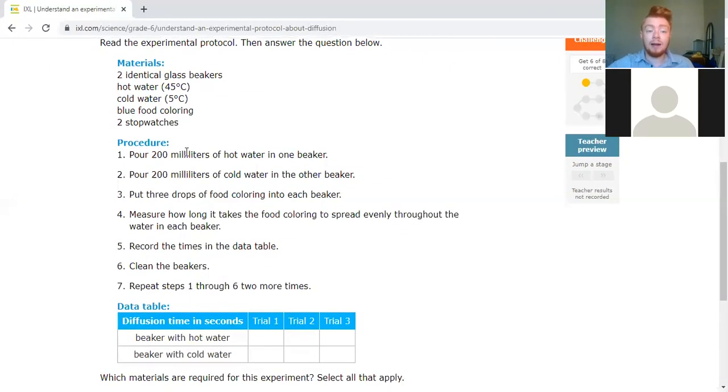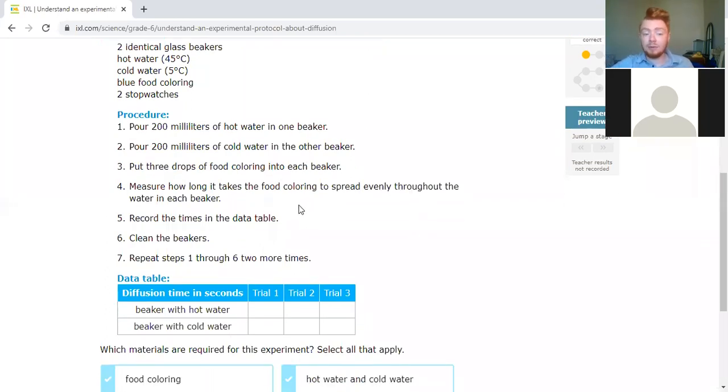Our procedure is we pour 200 milliliters of hot water into one beaker, 200 milliliters of cold water in the other. You put 3 drops of food coloring into each of them. Measure how long it takes the food coloring to spread evenly throughout the water in each beaker. Record the times in the data table.